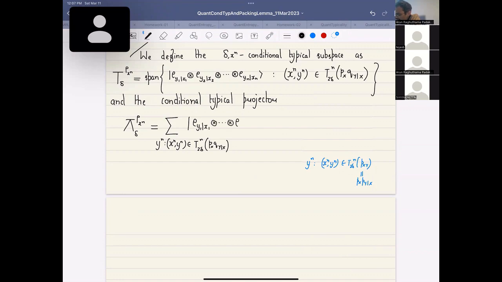And I will do an example so that you understand what's going on. xn. Okay, so that's what this is.